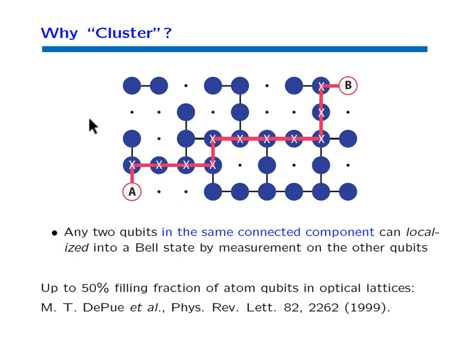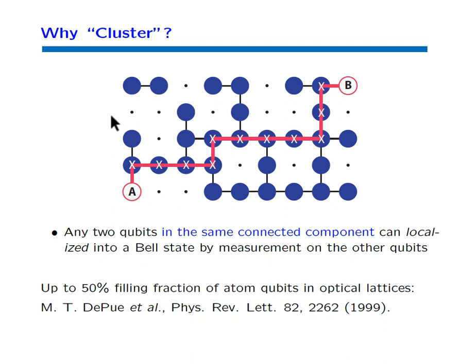So it turned into a percolation problem. If you could fill these lattices at a rate above the percolation threshold, then you would be able to create extended clusters, macroscopic clusters, and that was all that was needed, never mind the shape. And this is how the name cluster state came about.